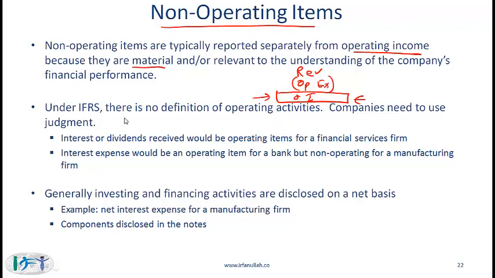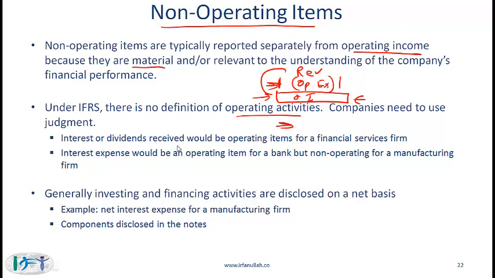Under IFRS, there is no definition of operating activities. This does not mean that companies do not show an operating income or that companies do not show operating expenses. It simply means that companies need to use their discretion to determine which expenses are shown as operating expenses and which expenses are shown as non-operating expenses.